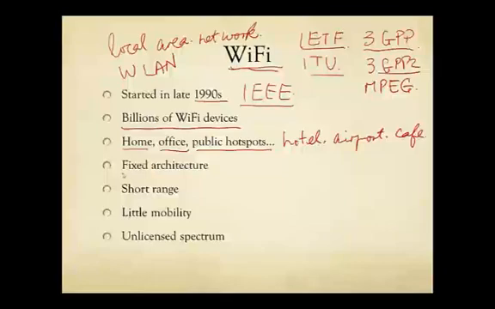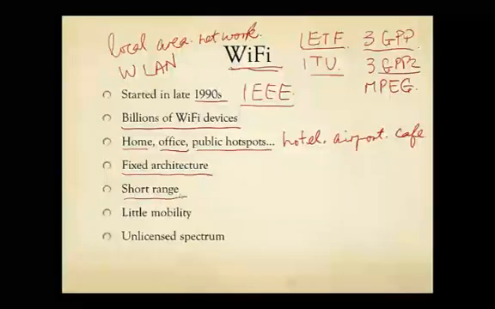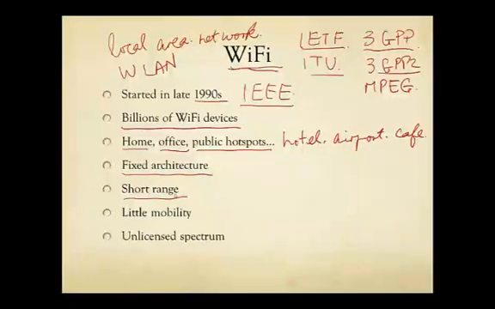Now, similar to a cellular network, Wi-Fi also uses a fixed architecture. We'll see in a picture soon that there is something like a base station called access points. And they are connected among themselves by some kind of wires. But there are also crucial differences between Wi-Fi and cellular. For example, in Wi-Fi, the range of communication is much shorter, and the allowed transmission power is also smaller.